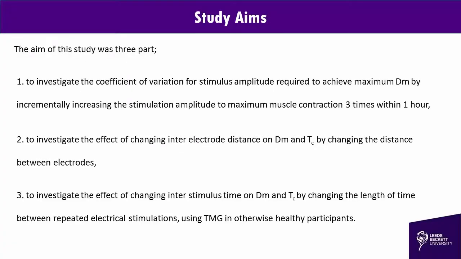So I wanted to see that if I got to maximum contraction before and after and I saw an effect, is it my tape or is it just the repeatability of the technique? I was looking at the coefficient of variation between the amplitude required 3 times within an hour to get to maximum contraction. So in a wordy version, there we go.